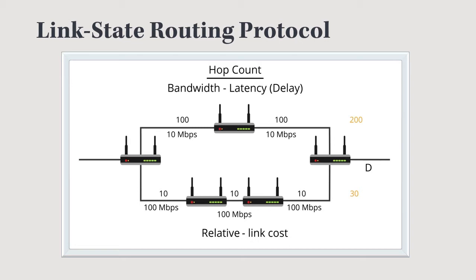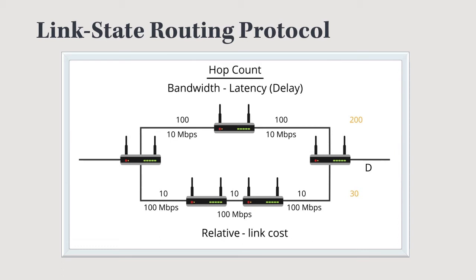The larger the metric, the worse it is; it's actually better to have a smaller number. Because this is such a slow link, it's going to have a large number like 100. And on the bottom, because 100 megabits per second is faster, it's going to have a lower number, which indicates a better route.